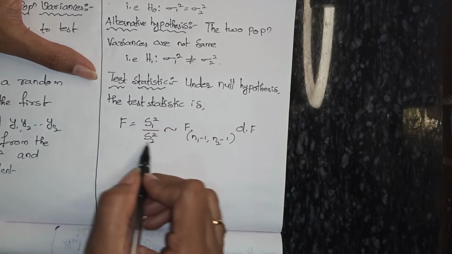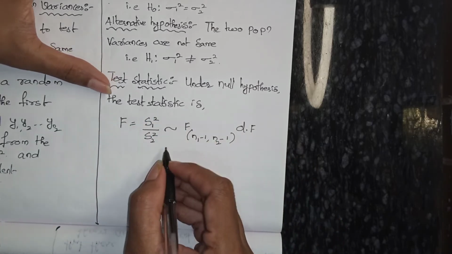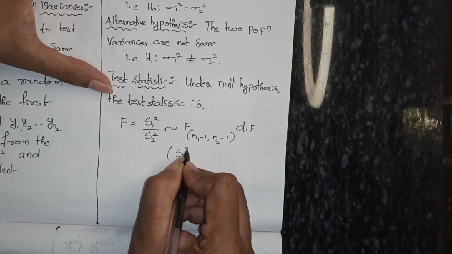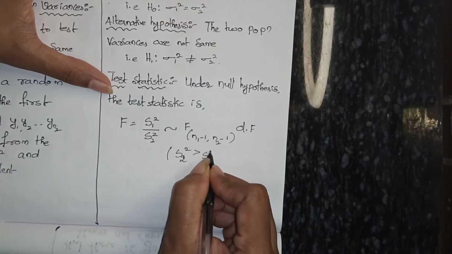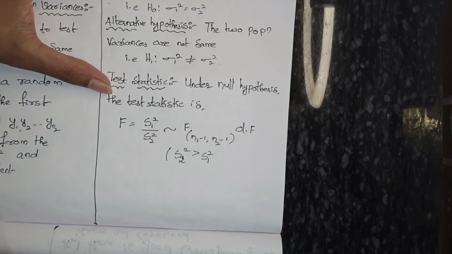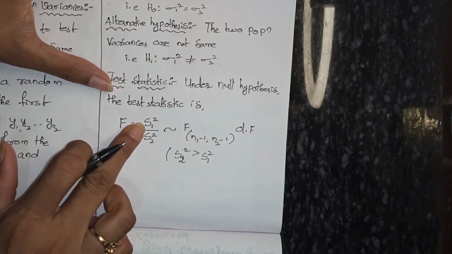We use this formula when S1 square is greater than S2 square. When S2 square is greater than S1 square, we have to use S2 square by S1 square.